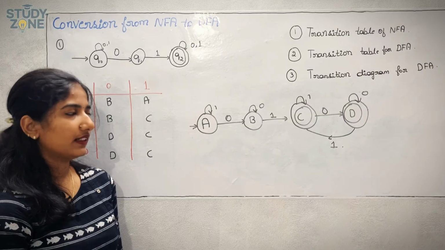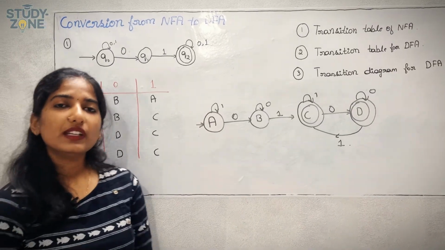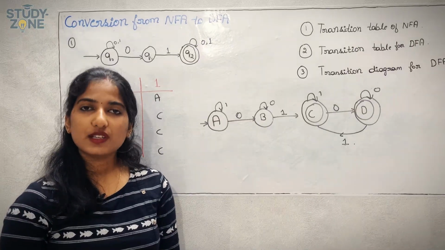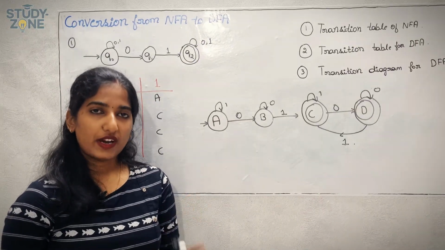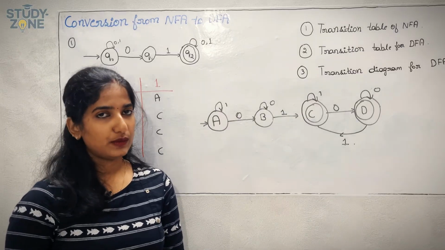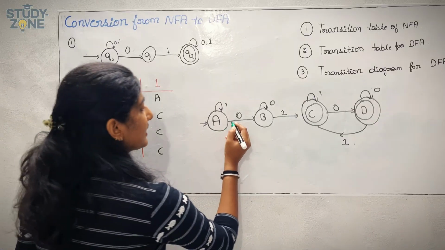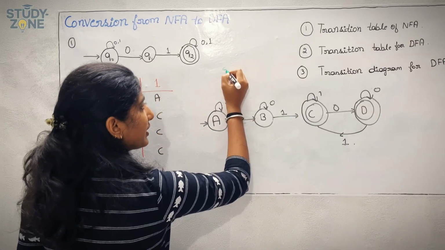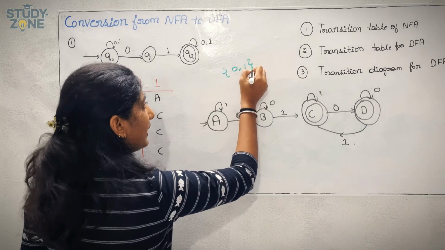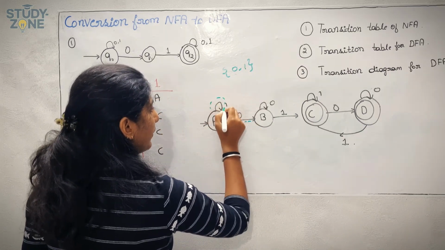Now let us check whether the transition diagram for DFA is correct or not. So what is the main rule of DFA, or how is it different from NFA? For one state there should be only one transition for one input symbol, right? Which means A is having a transition, we have input symbols 0 and 1, right? So A is having transitions on 0 and 1 also.